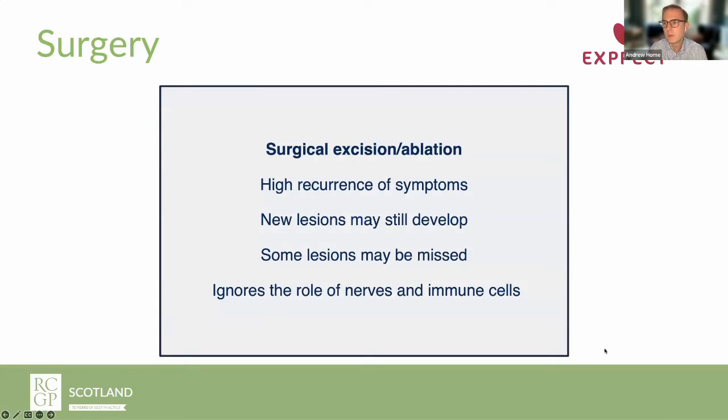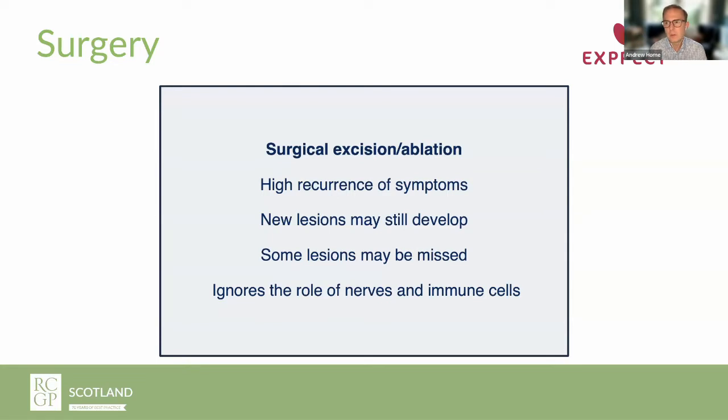But the problem with surgery is it isn't effective in all patients. Around 30% of patients find it's immediately not effective, and then in patients in whom it's effective there's a high recurrence of symptoms, and this has been estimated to be around 20% after 2 years after the primary surgery and up to 50% after 5 years after the primary surgery.